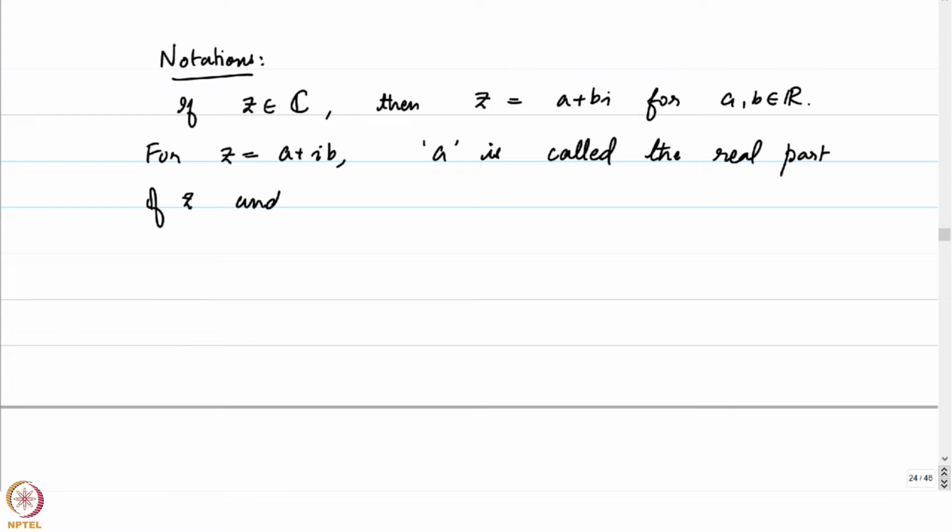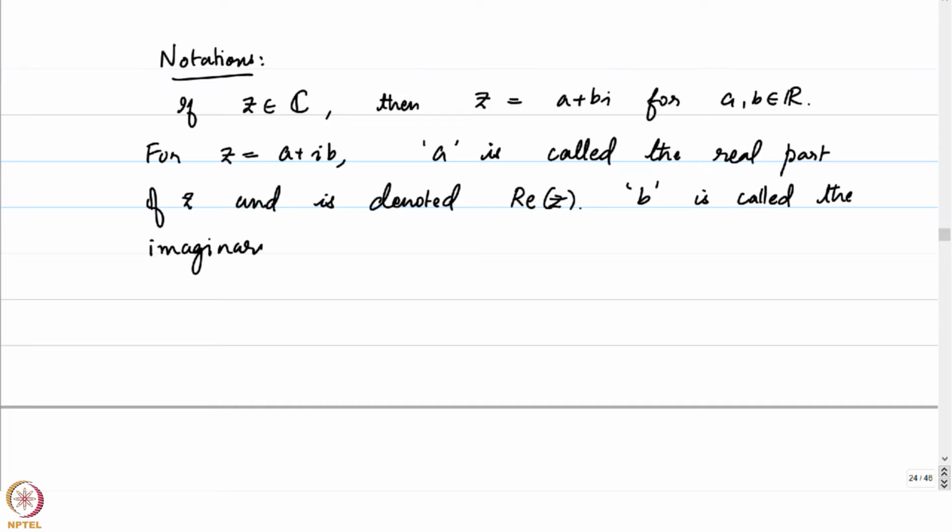And is denoted Re of z. And at the same time, b is called the imaginary part of z, and is denoted Im of z.